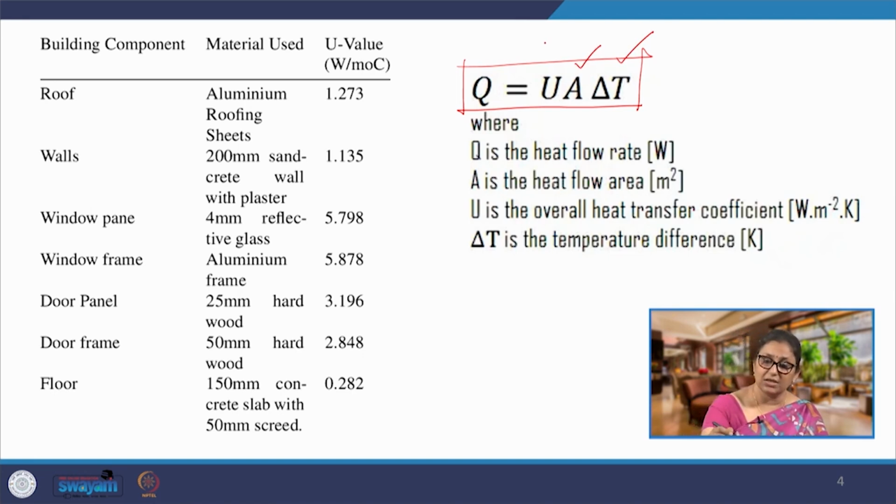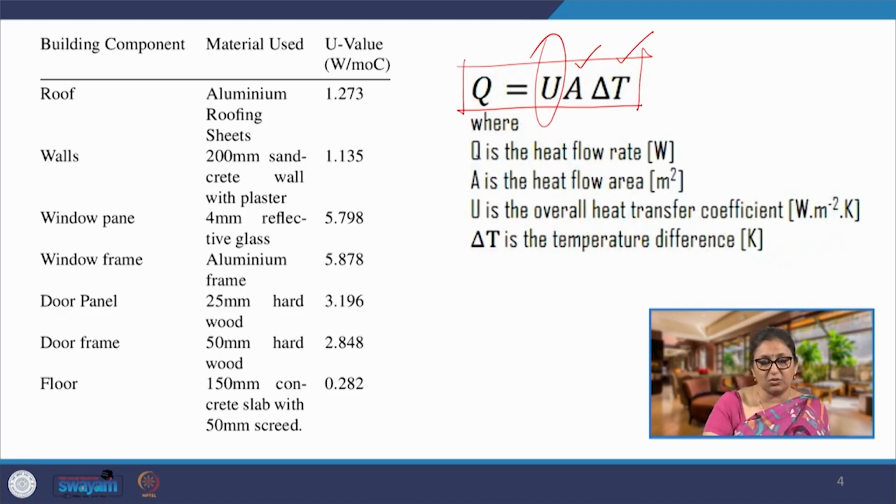What is changing is U, and we have already seen how important this U value is. If we reduce the U value by half, the energy consumption or the heat exchange reduces by half. If we double it, the Q doubles. So, it is directly proportional. We have to be very careful about the material that we are choosing, and the rest of the calculations will remain exactly the same as we have done for fenestration.